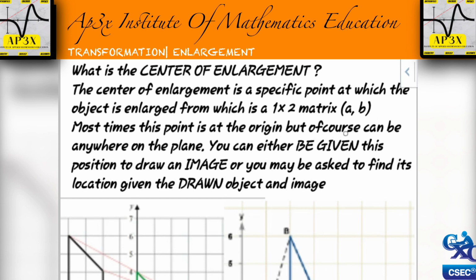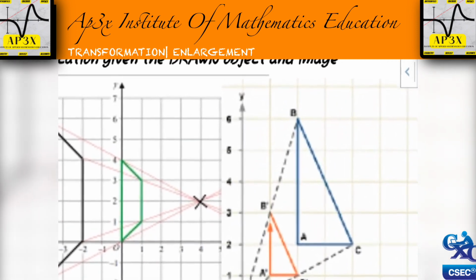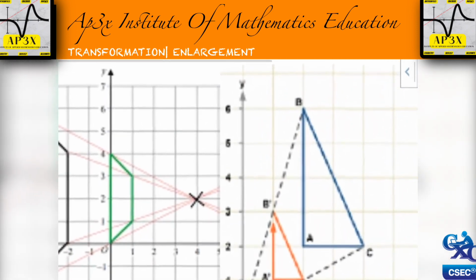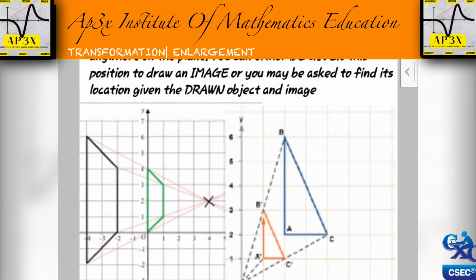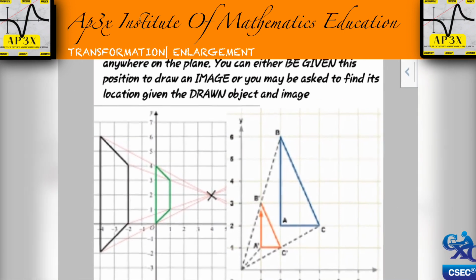You can either be given this position to draw the image, or you might be asked to locate the position that we just demonstrated earlier, given the drawn object and image. We basically draw 2 or 3 corresponding points connecting the object and the image, and at the point where the extension lines intersect, that becomes your center of enlargement.